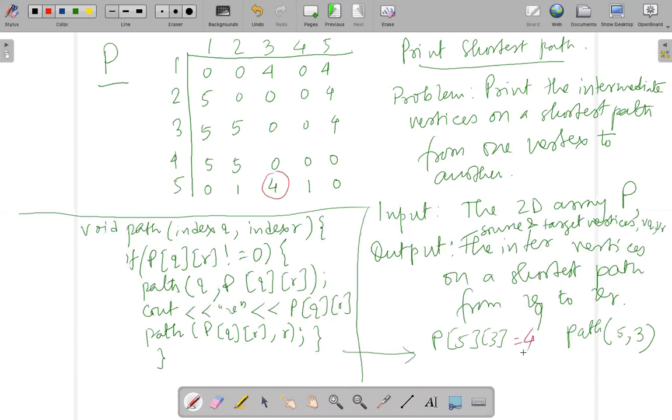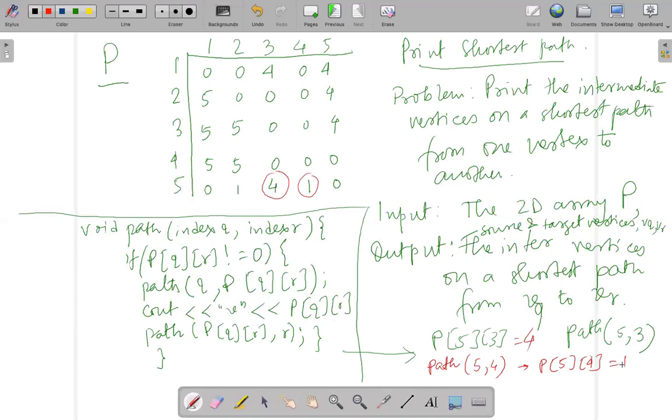So now I will call the function path 5 4. This will bring me to a new call where I check P54. P54 is 1. This is still not 0.